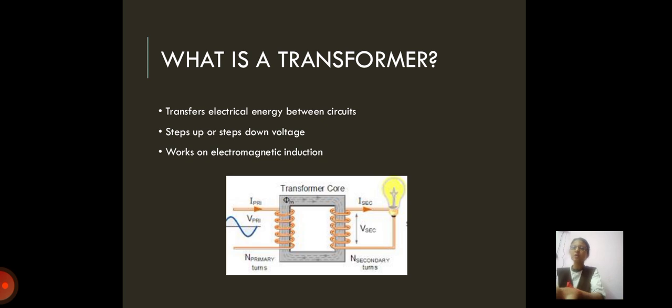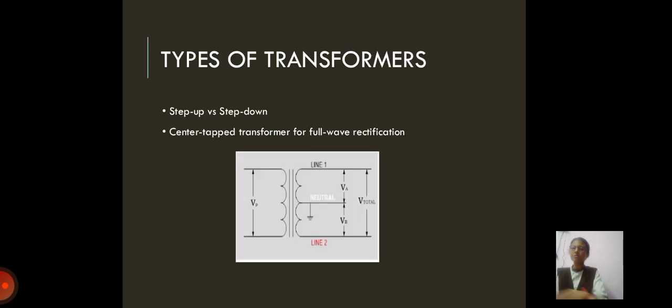Transformers are of 2 types: step up and step down. Step up transformers increase the voltage, whereas step down transformers reduce the voltage. For rectification, we use a center tapped transformer, especially for full wave rectification. This is the block diagram of a center tapped transformer.